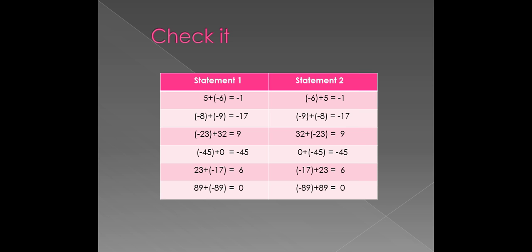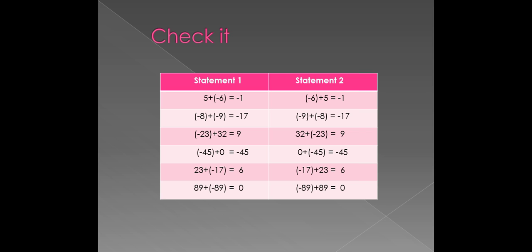Similarly, minus 8 plus minus 9, and in the second statement minus 9 plus minus 8. In both statements the results are the same, minus 17. Similarly, in the third statement, minus 23 plus 32 and 32 plus minus 23. Again we change the order and we get the same result.